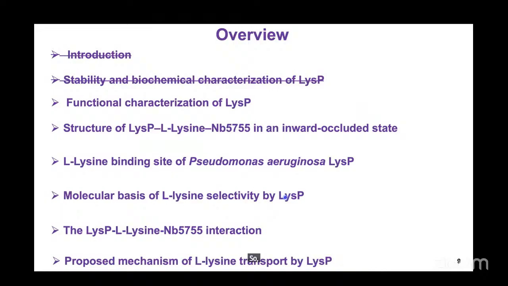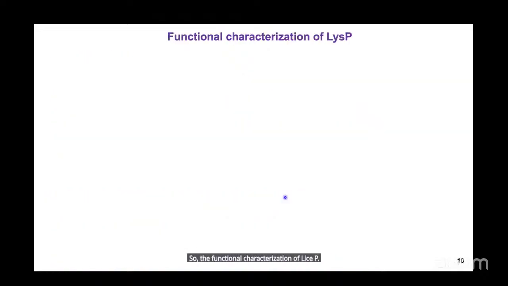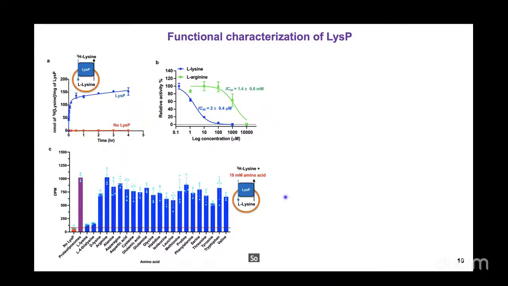So the functional characterization of LysP. LysP specifically transports lysine. It doesn't transport the other amino acids. So we use an artificial membrane, as you can see here, where we reconstitute LysP into this artificial membrane and then measure the uptake of radioactive lysine.